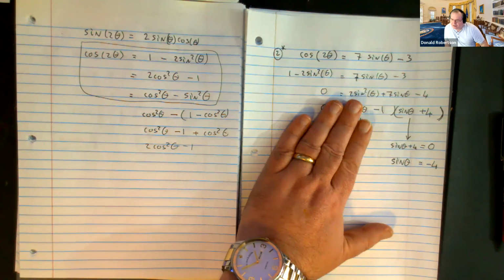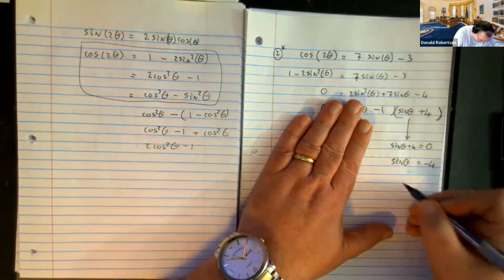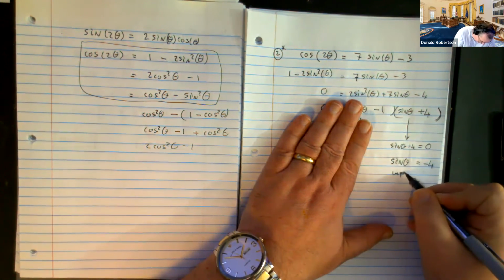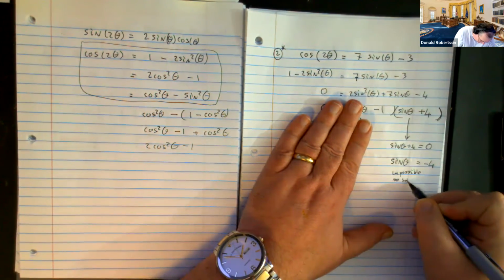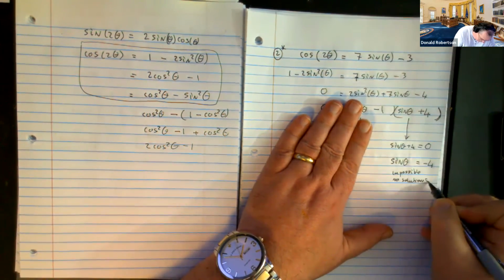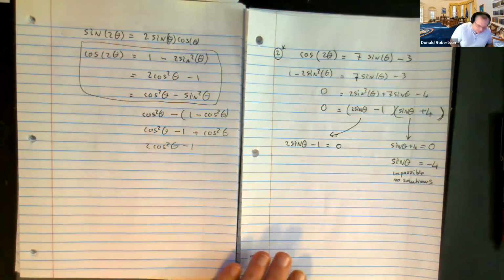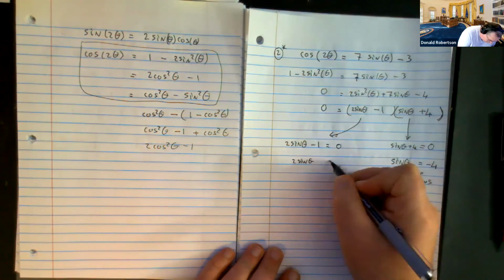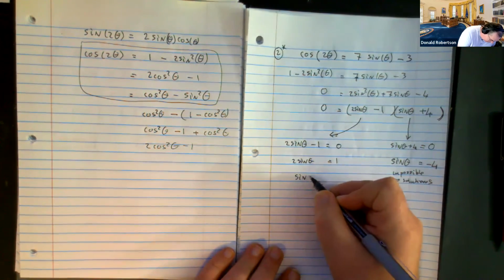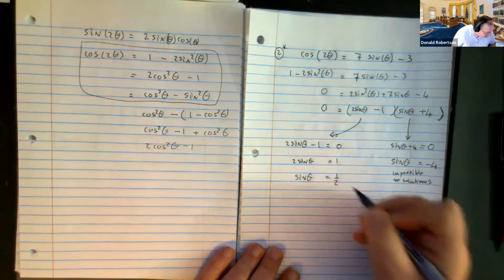Isn't that the range that sine theta goes, 1 to -1? So that is impossible, and it's okay. We haven't done anything wrong. It just means that you'll get no solutions from it.